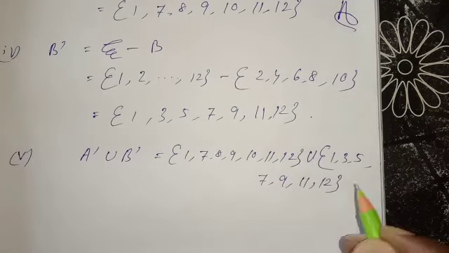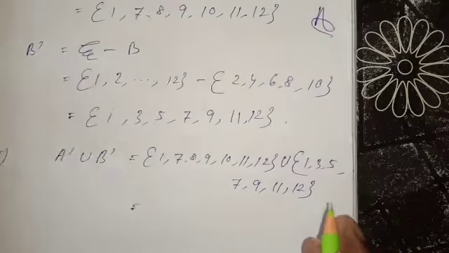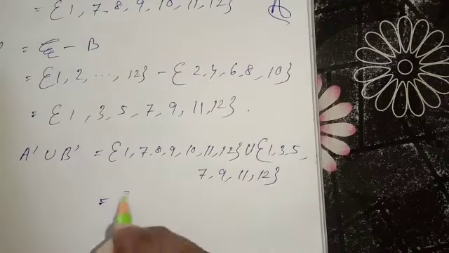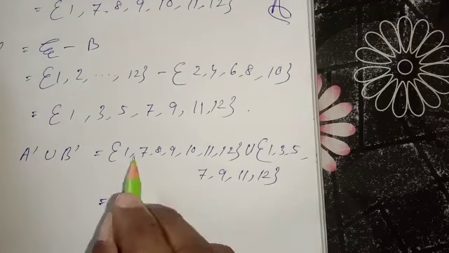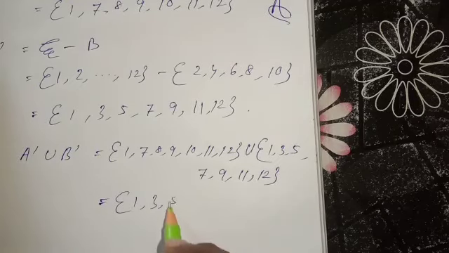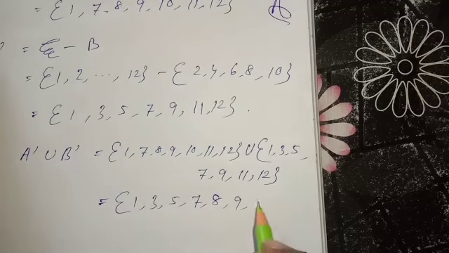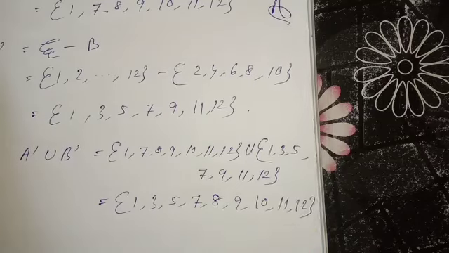You have to write all the elements, no repetition is allowed: 1, 3, 5, 7, 8 also, then 9, then 10, 11, 12. This is called A complement union B complement.